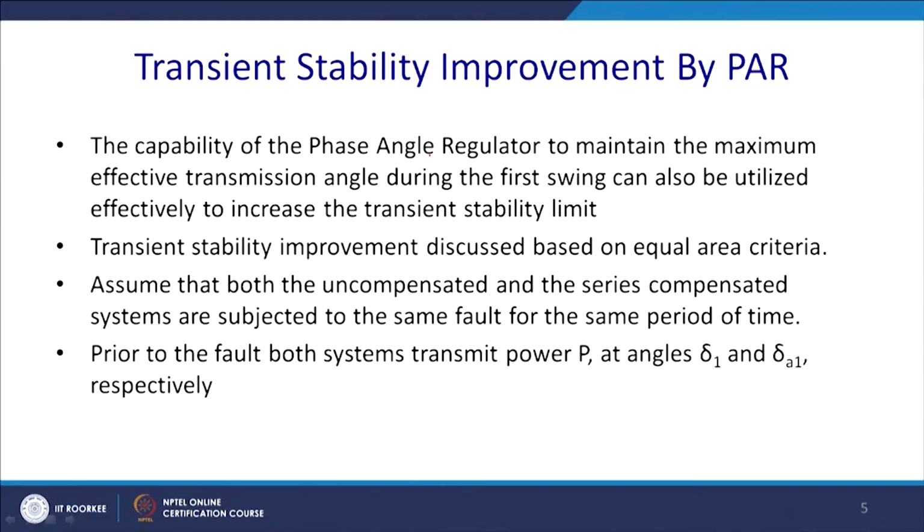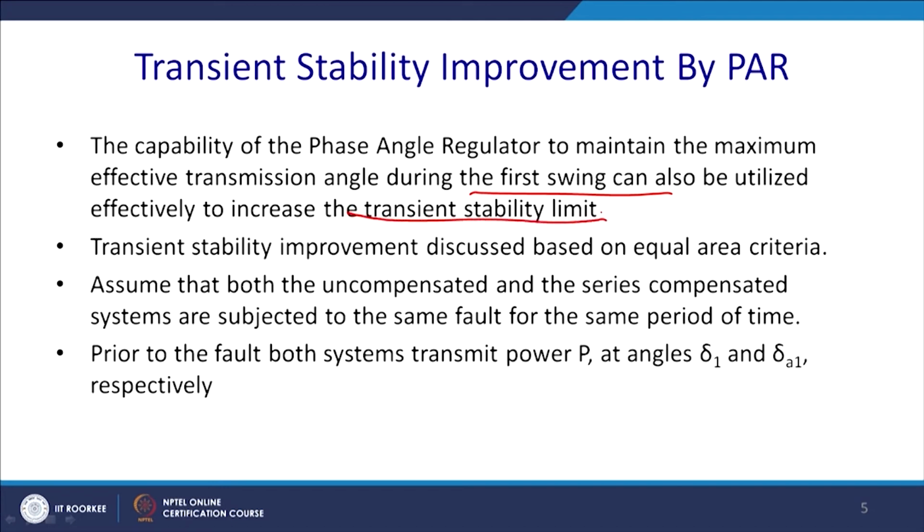Now, let us discuss the enhancement of transient stability by phase angle regulator. The capability of the phase angle regulator to maintain the maximum effective transmission angle during the first swing can also be utilized effectively to increase the transient stability limit.